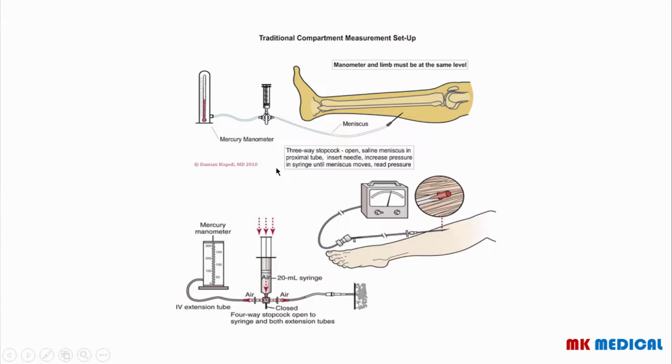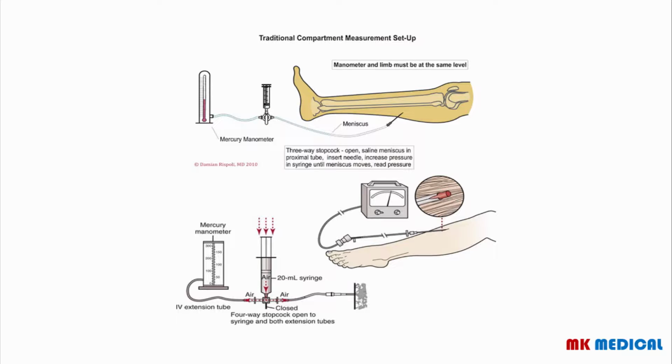So compression of the syringe here is going to be raising the pressure in the mercury manometer. When you compress the syringe, it raises the pressure till the saline flows into the compartment.